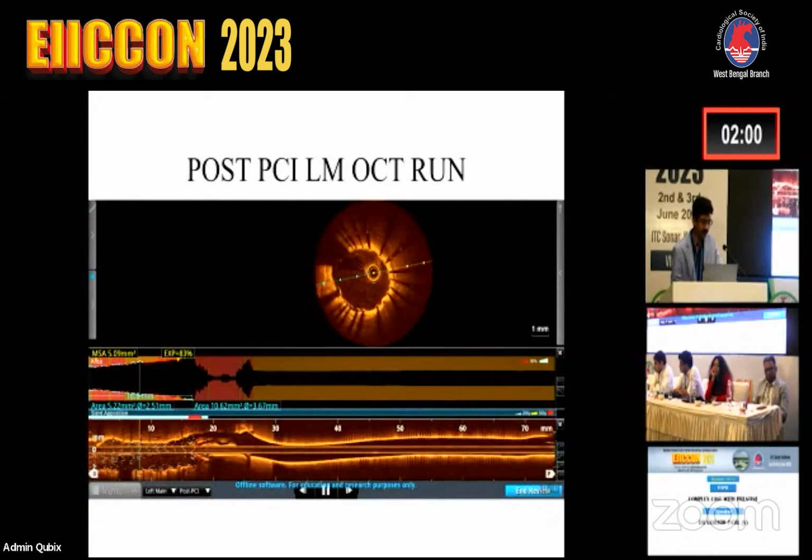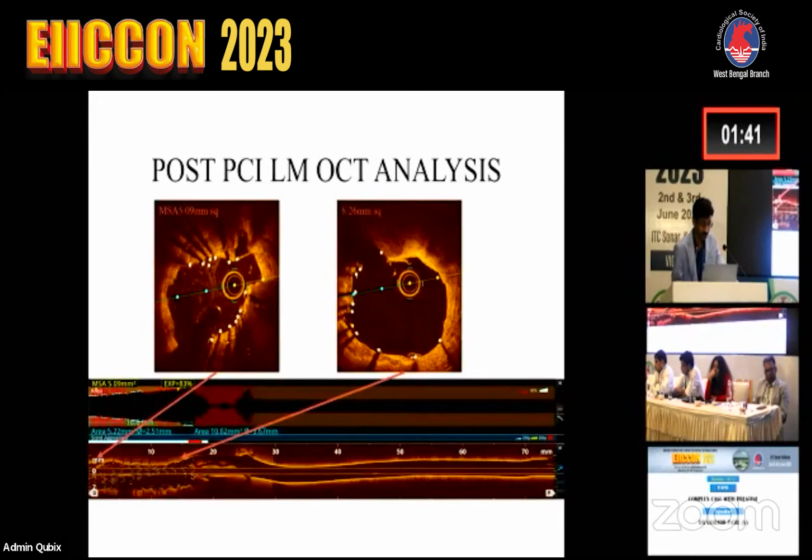I took again, only the proximal left main I did POT. So I have taken only that shoot again, an OCT run. It showed that the optimization is good at the left main also. This is again the same shoot.